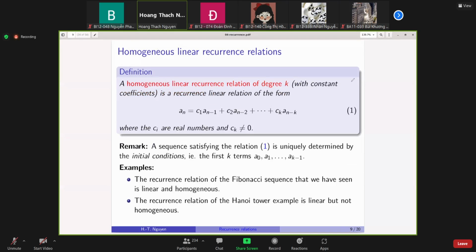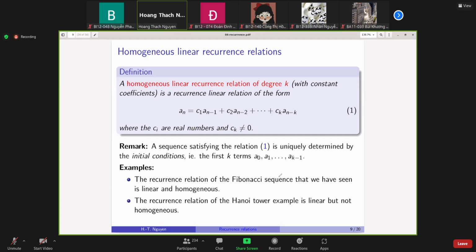So now our goal is, of course, you know that given initial conditions, our sequence is uniquely determined. But if we want some way to calculate the nth value of the sequence quickly, then we need to find a general formula of the sequence.